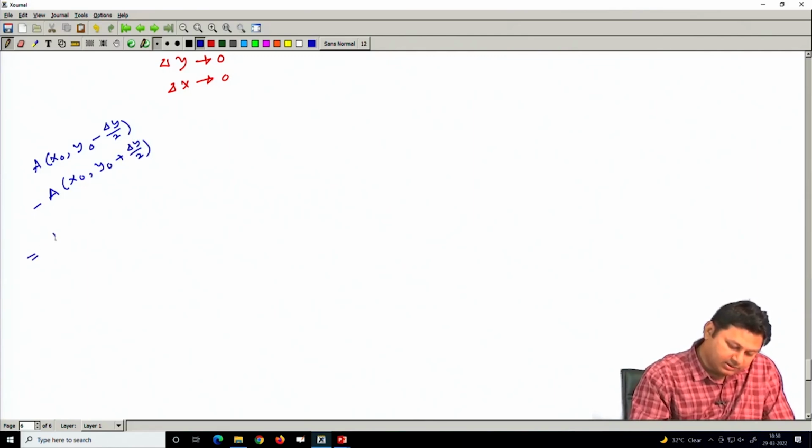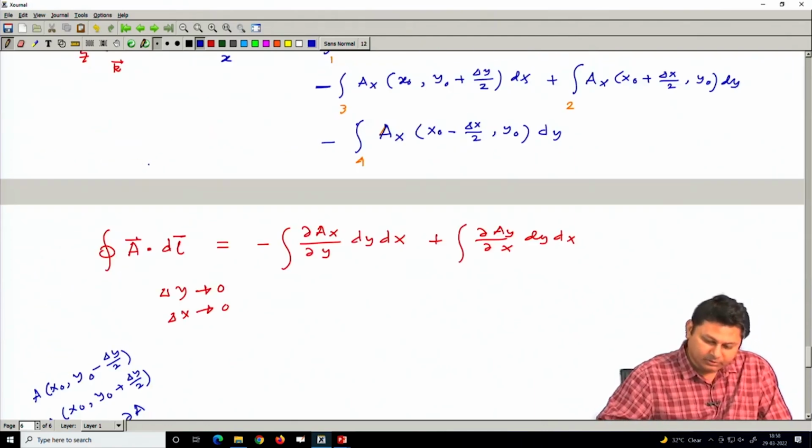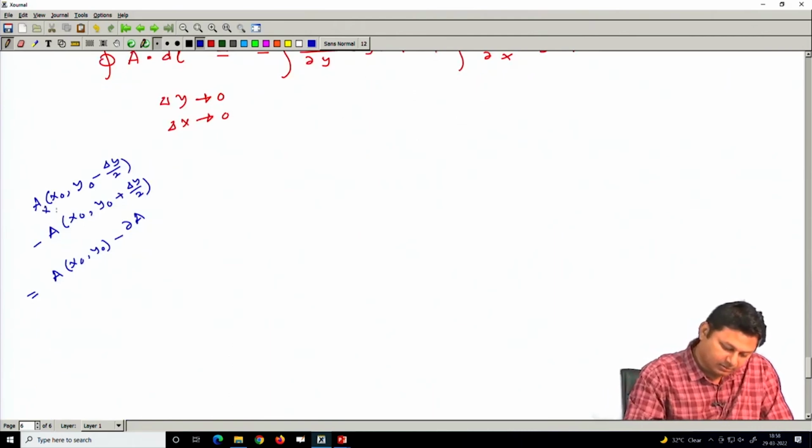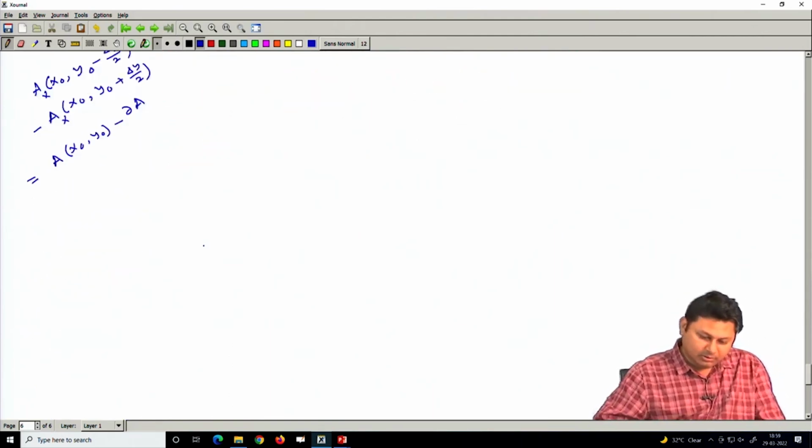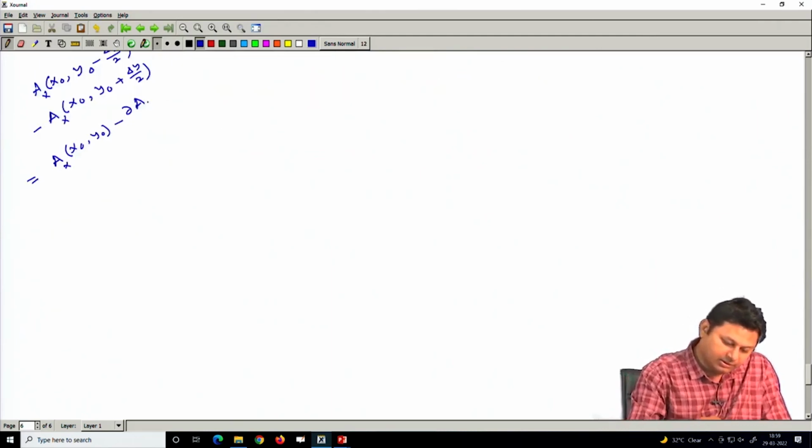Now, this quantity is A x at (x0, y0) minus del A x by del y times delta y by 2, and then minus A x at (x0, y0), with a negative sign again.